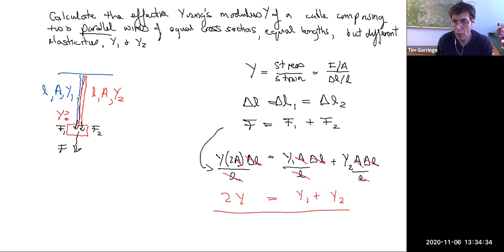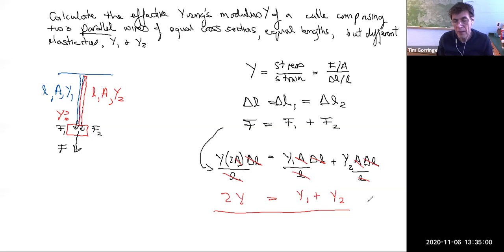So Y1 and Y2 are the same Y. And then the equation just says that 2Y equals Y1 plus Y2, which is 2Y, i.e. the effective Young's modulus of the cable is the same as the Young's modulus of the two materials if the two materials are the same. So that makes a lot of sense.